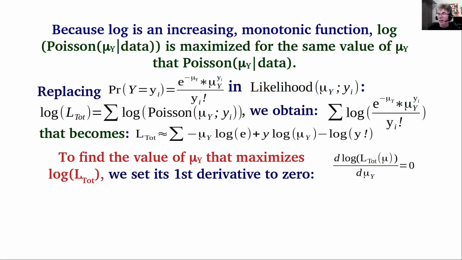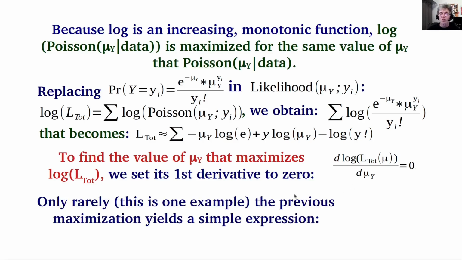We are trying to find the value of mu that maximizes the log of the total likelihood, and the way to do it is to set this equal to 0. When we set this equal to 0, this allows us to have at the end a very simple expression for the parameter mu that maximizes the log of the total likelihood, and that turned out to be the sampling mean of these counts.